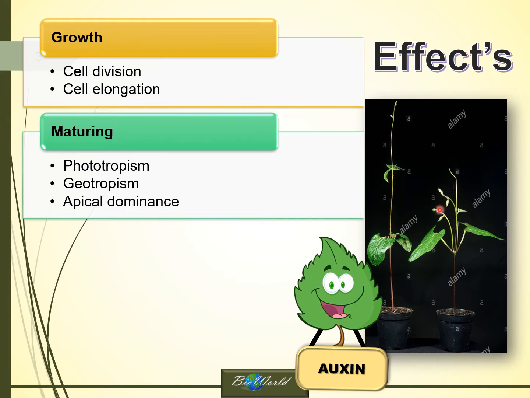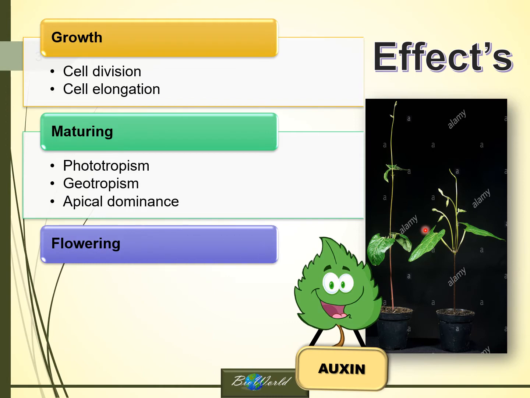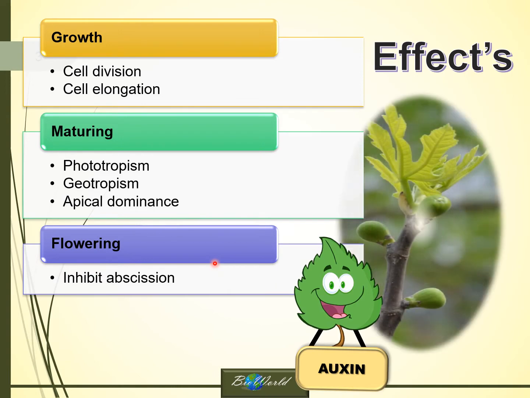For example, here we see there are three shoots that are the same length. So this is not apical dominance. But here you see one shoot growing very tall. This is apical dominance. All this is controlled by auxin. Then we see the third effect related to flowering. Now auxin is not directly connected to the process of flowering. However, auxin prevents the flowers from falling off the stem. That is, it inhibits a process called abscission.